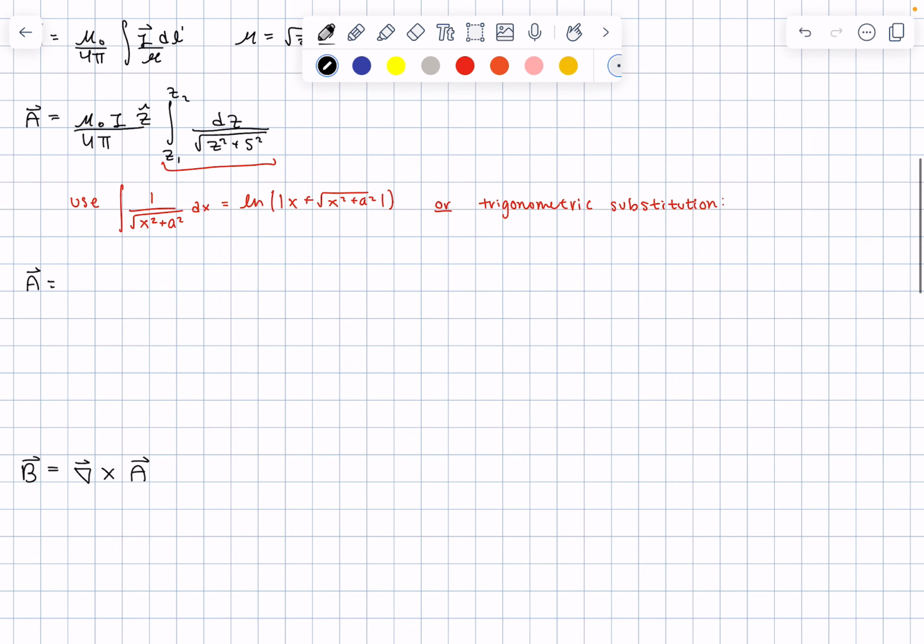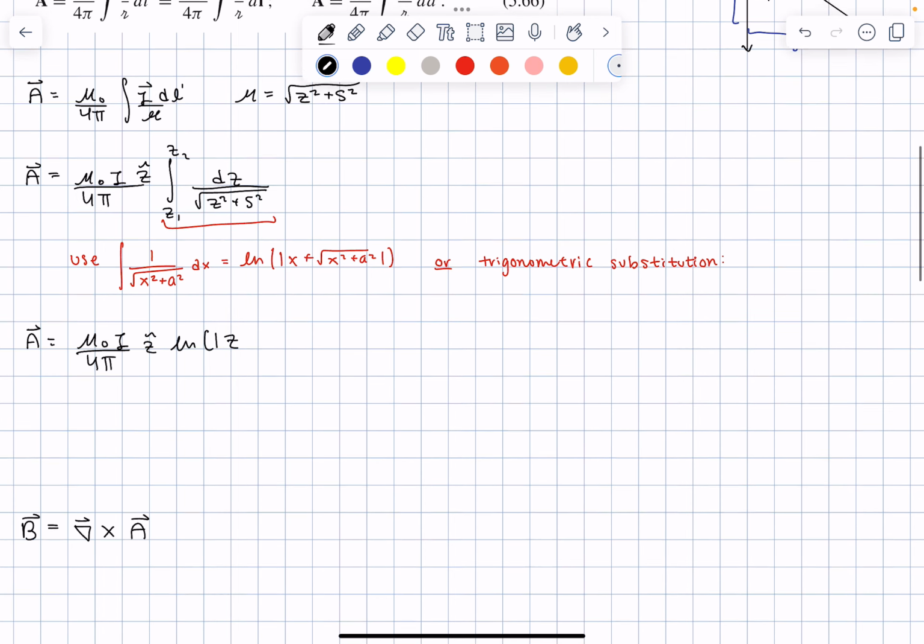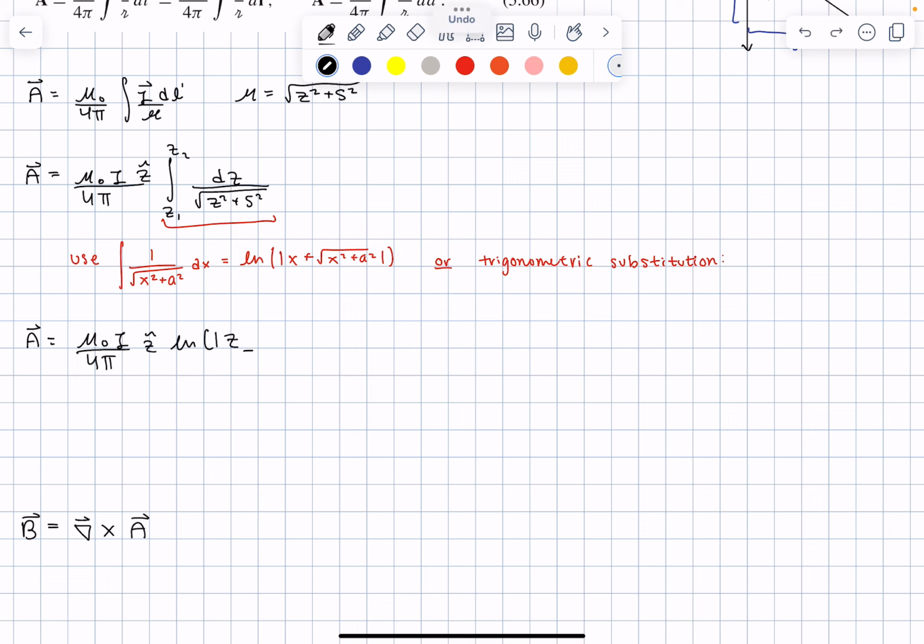So when we use that identity, we can then rewrite this as mu naught I over 4 pi, still in the z-hat direction, and then we'll have ln of the absolute value of z plus the square root of z squared plus s squared. And then this will be evaluated from z1 to z2.